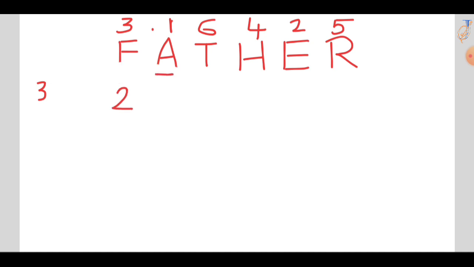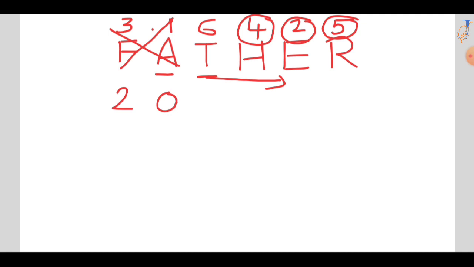Moving to A, here also we look to the right and count how many letters have a lower rank than A. The rank of A is 1. We don't have any lower rank than 1, so just write 0. Similarly, now move to T. For T, the number is 6 and you always look to the right. This 4 is a lower rank than 6, and 2 is a lower rank than 6, and 5 is also a lower rank than 6.